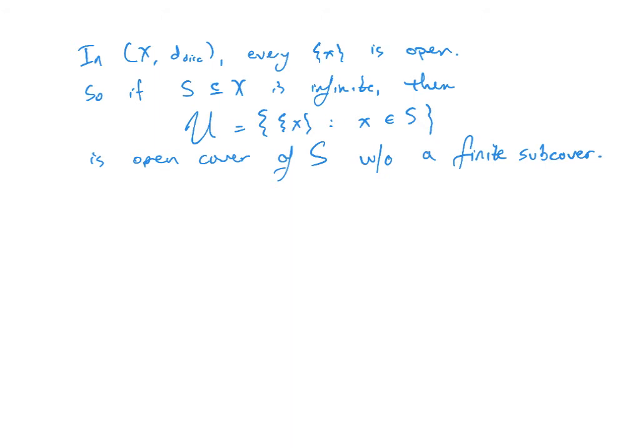Why doesn't it have a finite subcover? There are infinitely many points in S, so you're not going to be able to choose finitely many singletons and have it cover all of S. Okay? So this shows no infinite sets are compact in a discrete metric space.